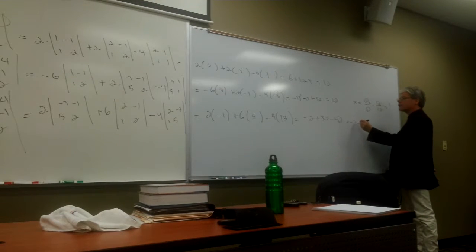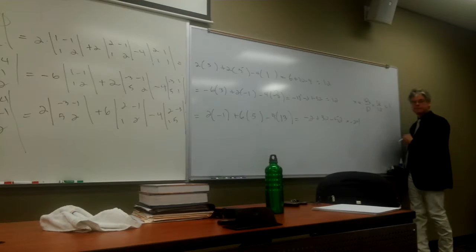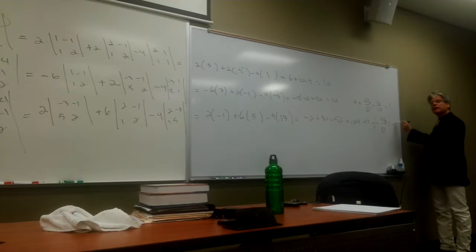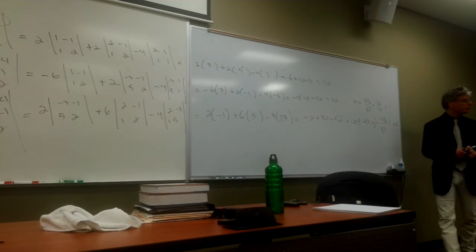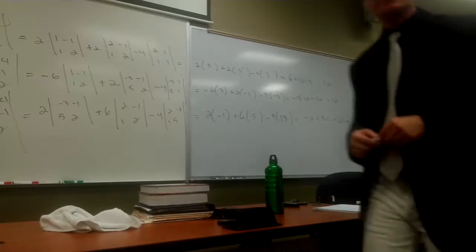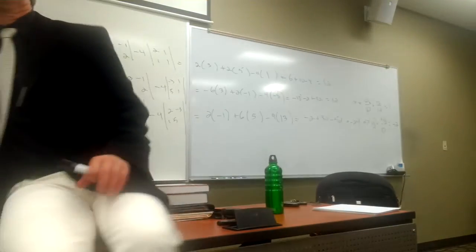Is that a -24? So I guess that's going to suggest that y is a ratio of D sub y to D, but that's just a ratio of -24 to 12. Oh, look at that. I got -2 again for my y. And I can play the same game to generate the z-coordinate. Do you mind if I don't? So I think you guys get the idea.